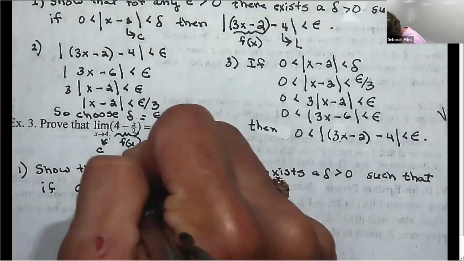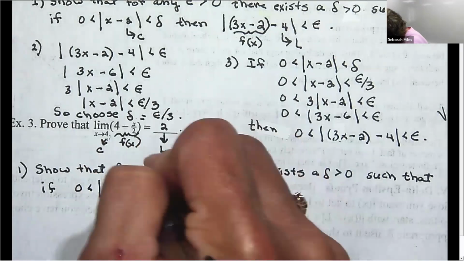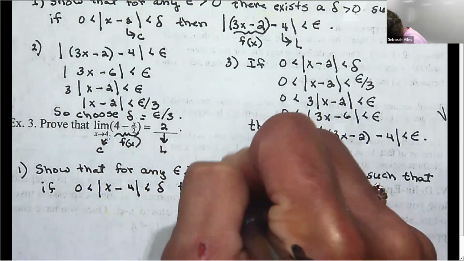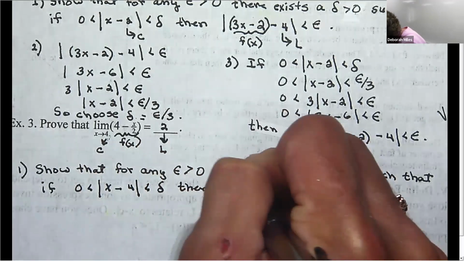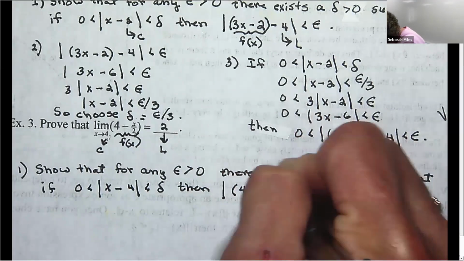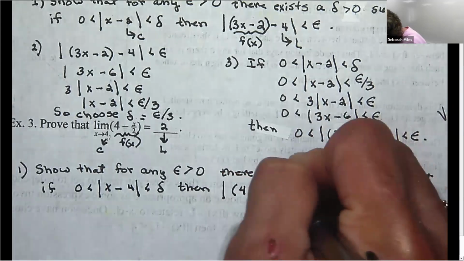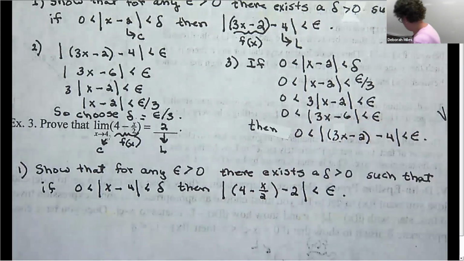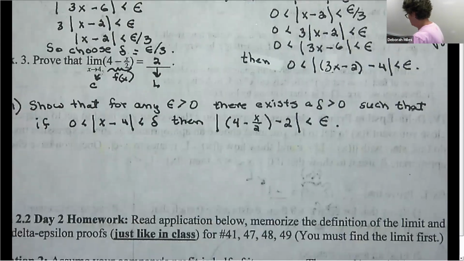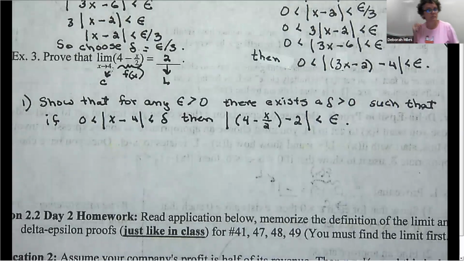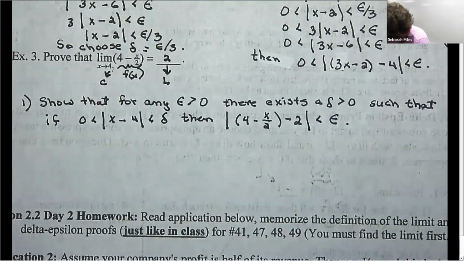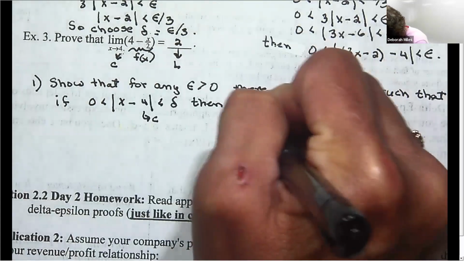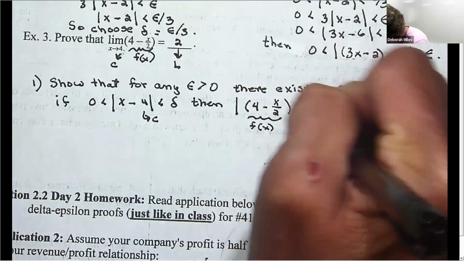All right, the distance between x and 4 is less than delta, then the distance between f of x and 2 will be less than epsilon. Here's my c, here's my f of x, here's my L.